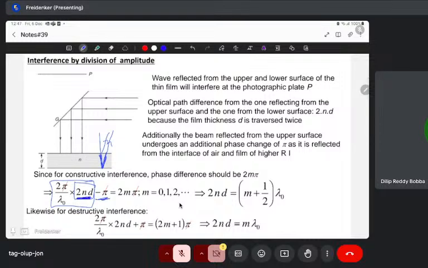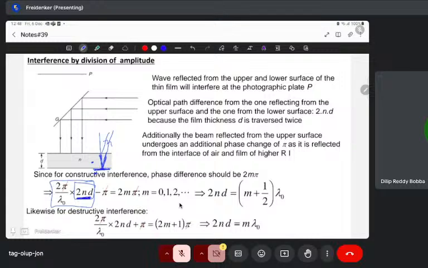But there is an extra minus pi term. This is because when light is reflected from a surface, in a case where it is trying to go from a denser medium to rarer medium, you will get an additional phase change of pi.